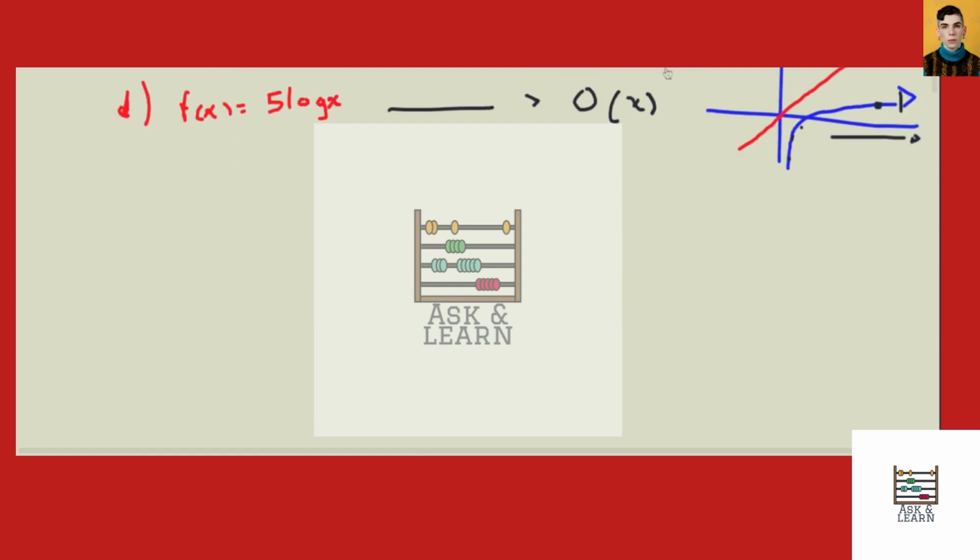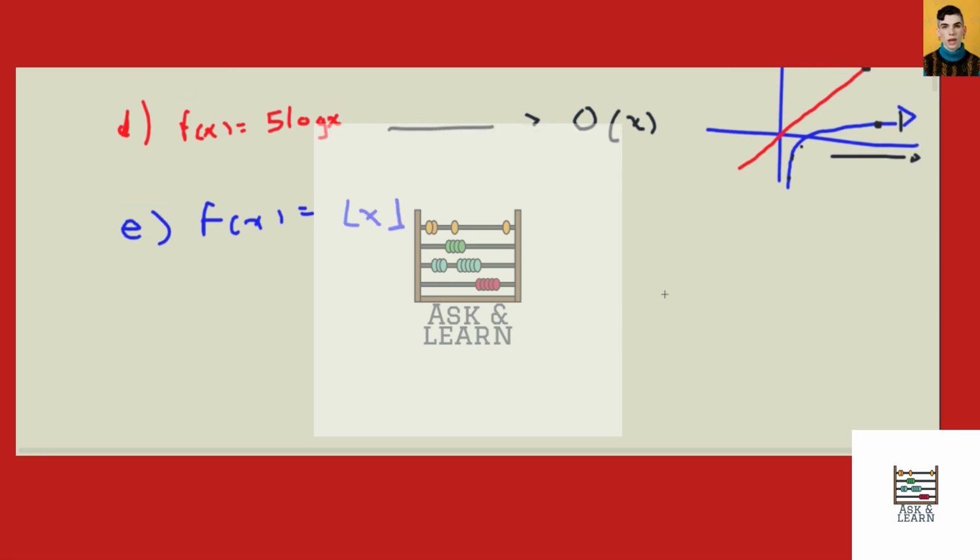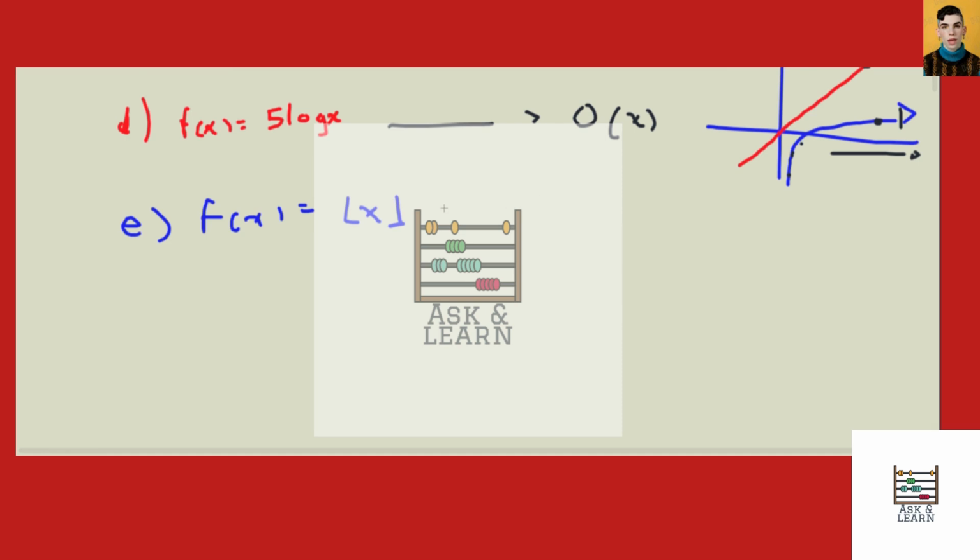Okay, moving on. Part E is f of x is the floor function of x. The only difference between this and just f of x equaling x is that this is a discrete function as opposed to a continuous function. So when we graph it, it's not going to be a line. It's just going to be dots. Because 3.1 would map to 3, all the way up to 3.999 would map to 3.